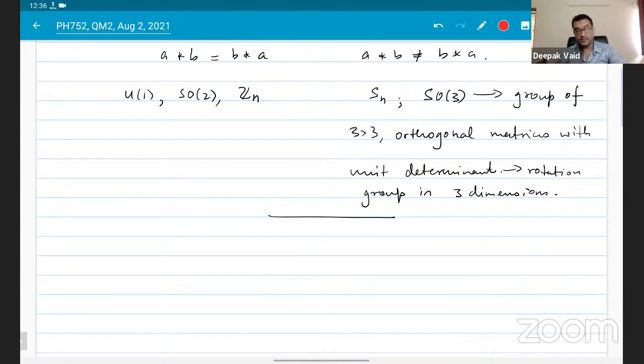You can convince yourself by taking any 3-dimensional object, like this cell phone, for example, and applying 2 rotations to it.